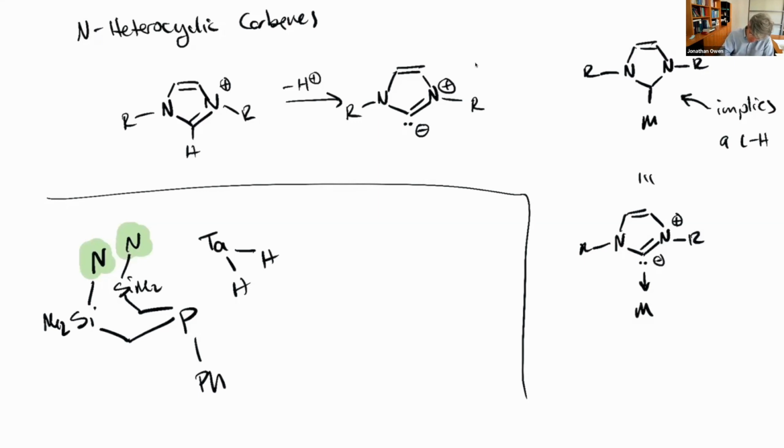If this thing were like this, now you could imagine, say, 2 negatively charged nitrogens, 2 hydrides, and this would give you tantalum 4.